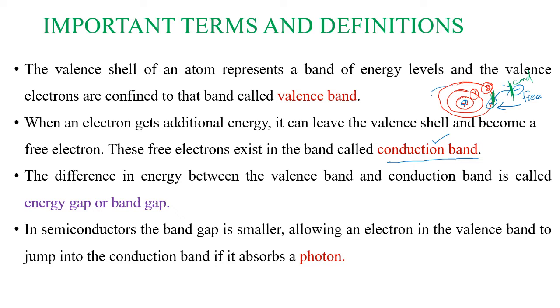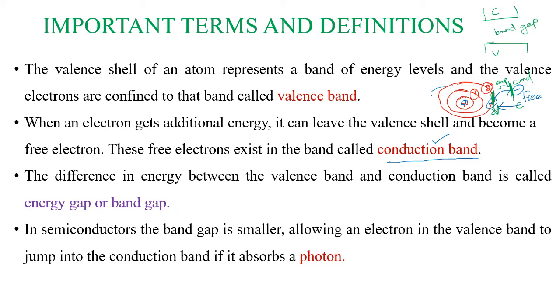So there is a gap between the valence band and the conduction band, and this is called what? Band gap. That is why in the previous slide we were discussing like this. One is the valence band and another is the conduction band, and this is the band gap.